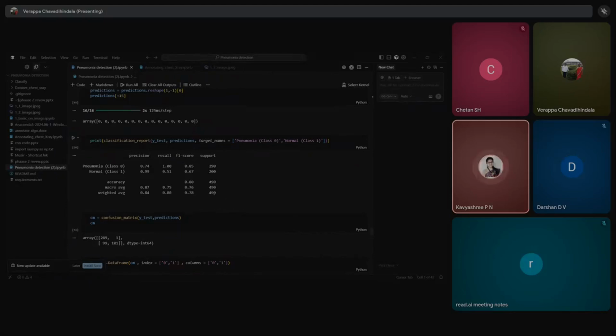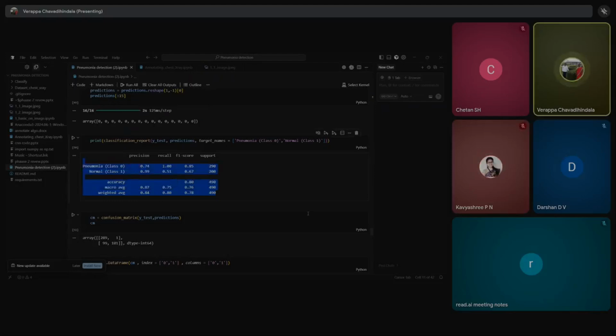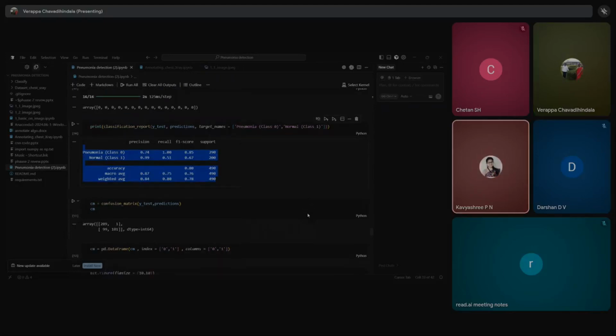I think the values are mismatching. Yes, ma'am. Overall, we are getting between 70 to 80, ma'am. Okay, I'm trying to understand this. Okay, fine.